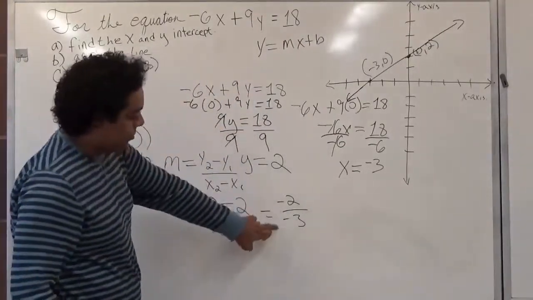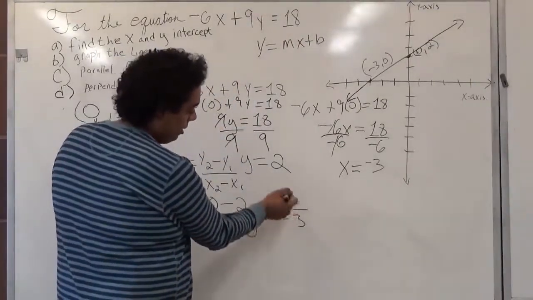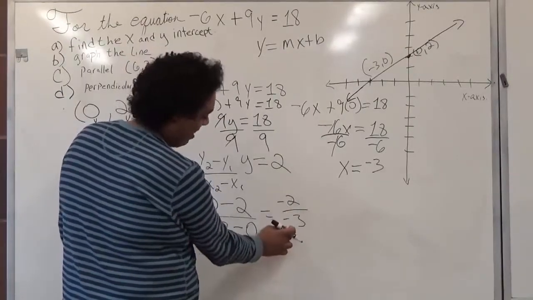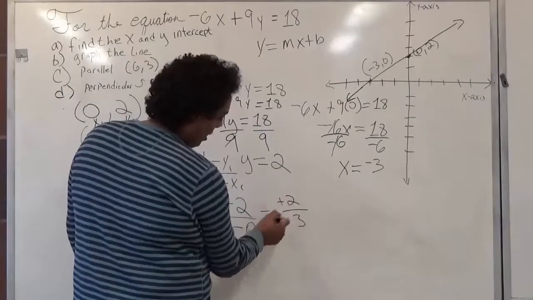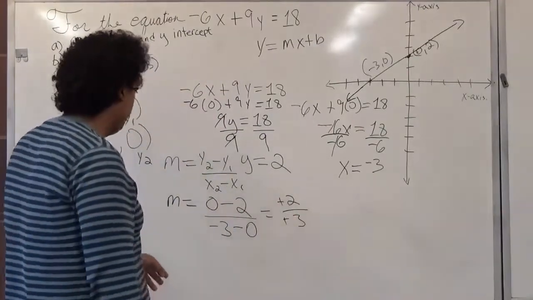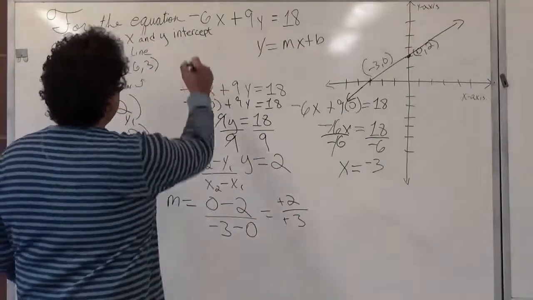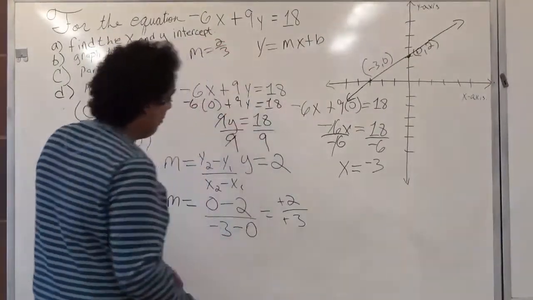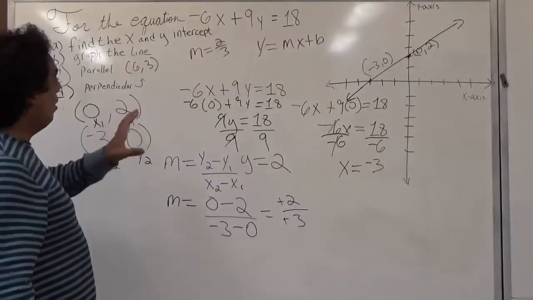Notice we have a negative in the numerator and in the denominator, so they're just going to cancel each other out and give us a positive. So our slope is 2 over 3.